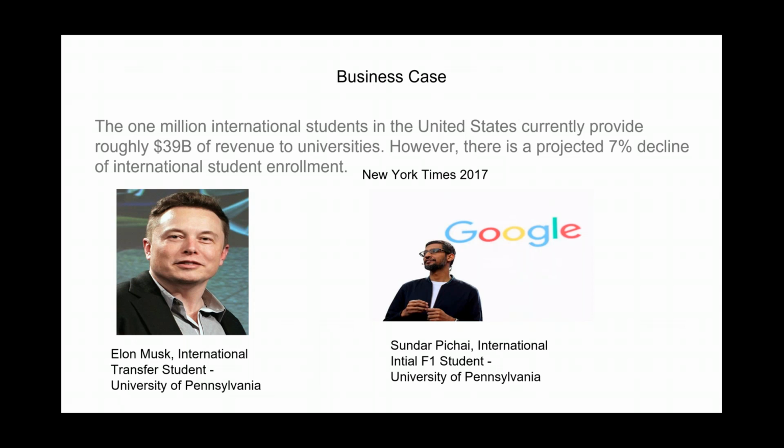And the challenge that we are trying to overcome is the 7% decline in international student enrollment. So how can we make international student recruitment and enrollment so streamlined that America can become an attractive nation for international students?